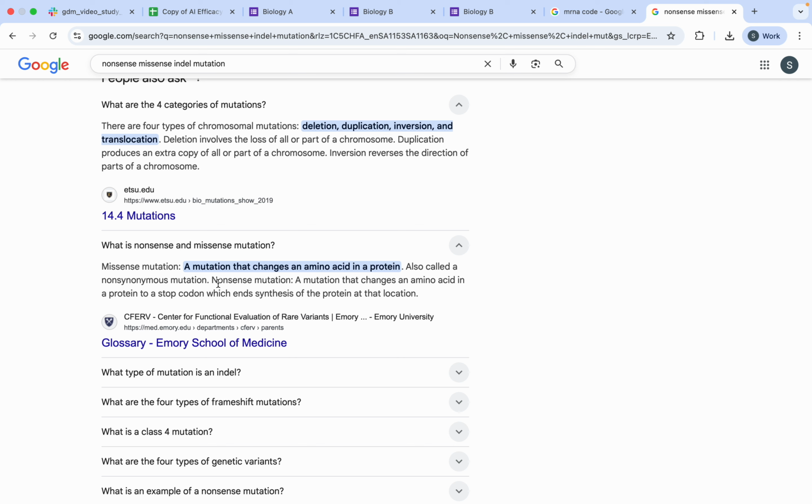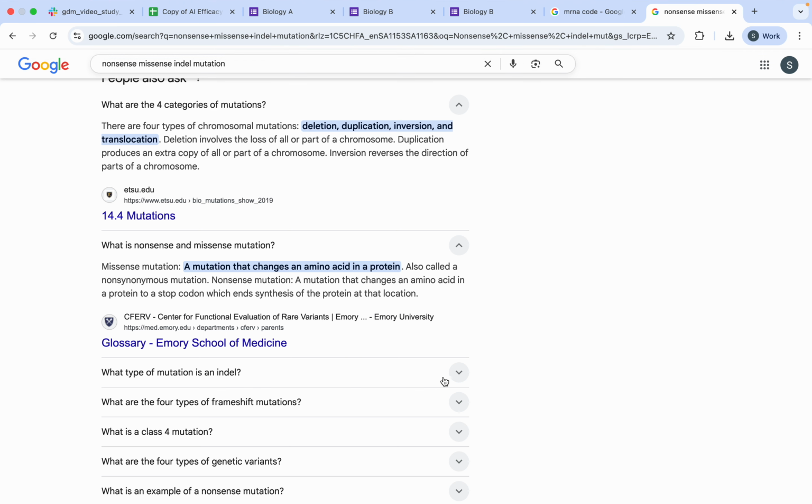And nonsense mutation means a mutation that changes an amino acid in the protein to a stop codon, which ends synthesis of protein at that location, okay.